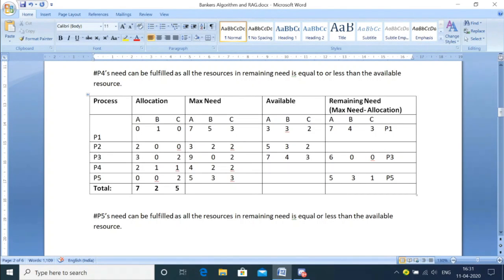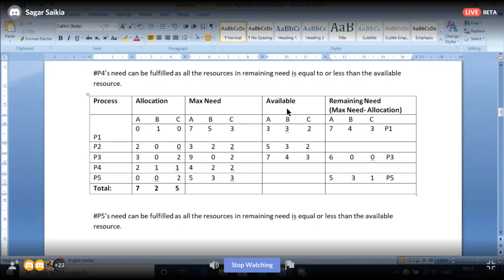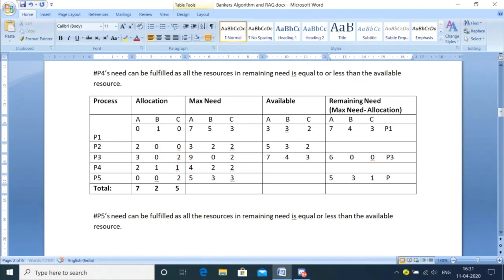So P5's need can be fulfilled, as all the resources in the remaining need are equal to or less than the available. So once this is done, what can I do? I can release P5 from the system. So I release. The moment I release, what will happen? Whatever allocation P5 was holding will be added to the stock. Okay, so P5 is out now, so its resources also have to be released.